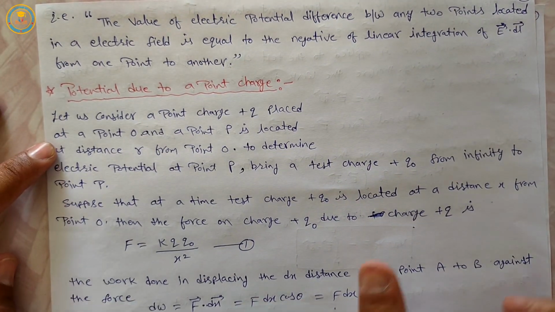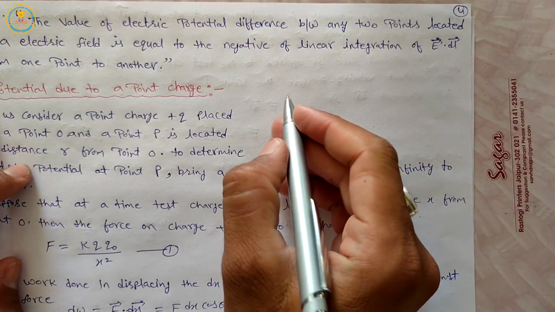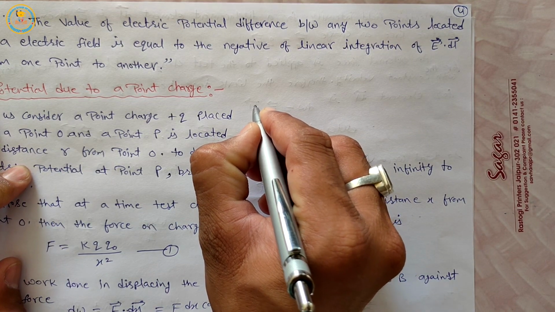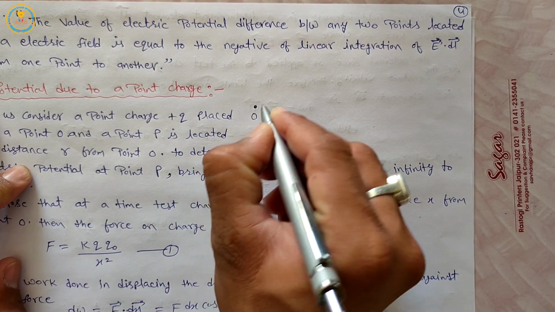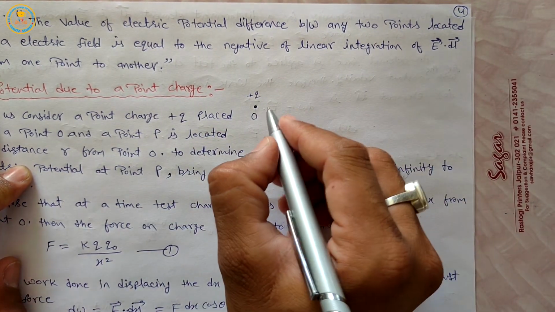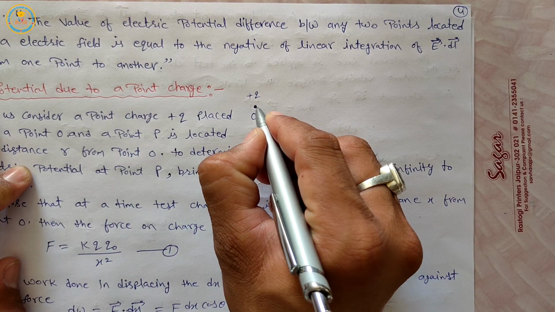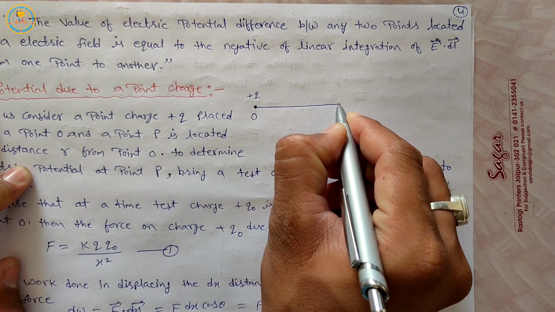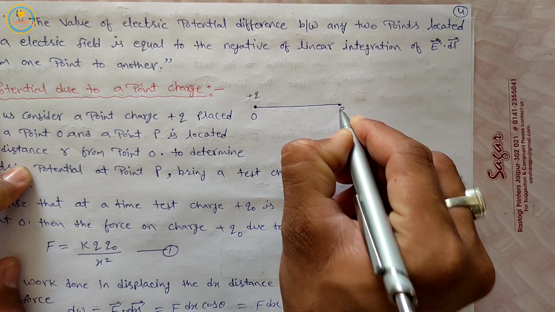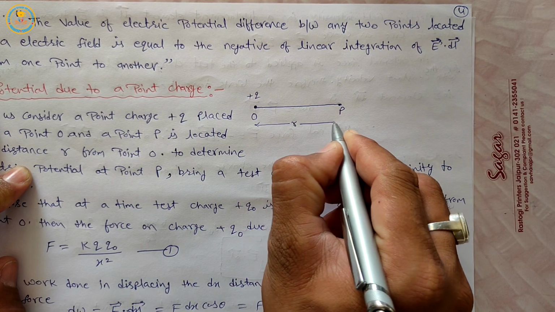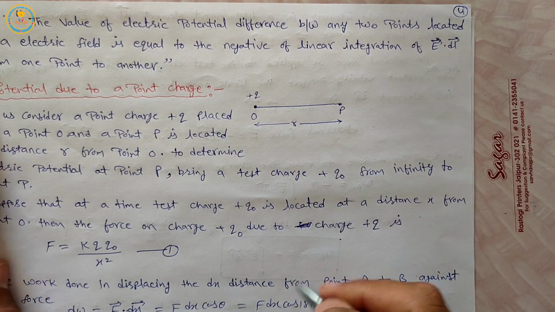For this, we consider a point charge placed at point O. This is point O, and a point charge plus Q is placed here. At a small r distance from this point, a point P is located like this. The distance between these points is small r.